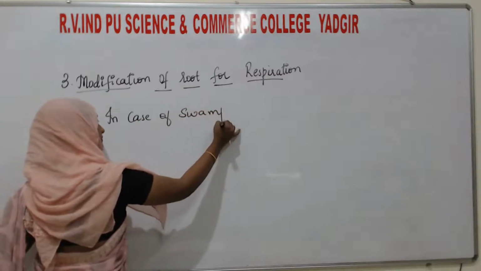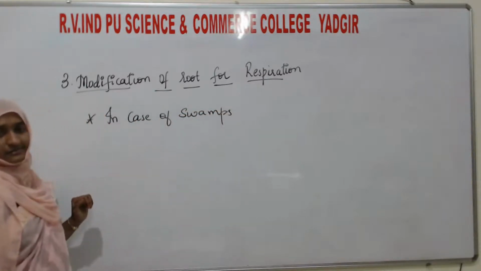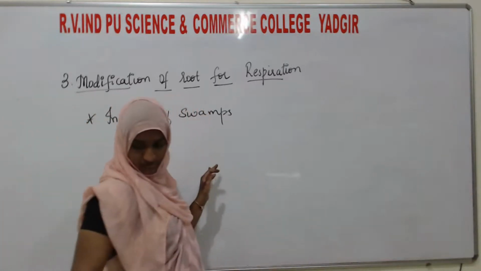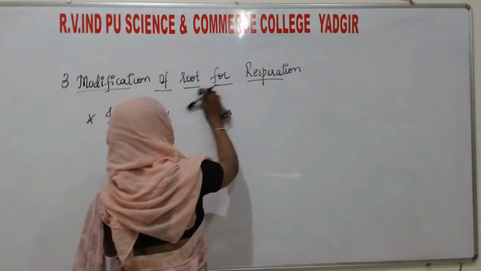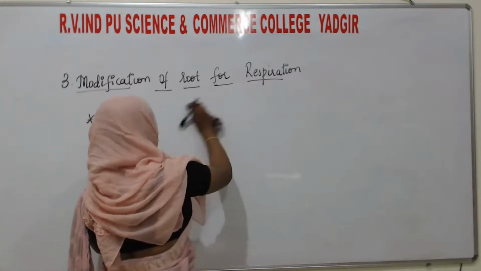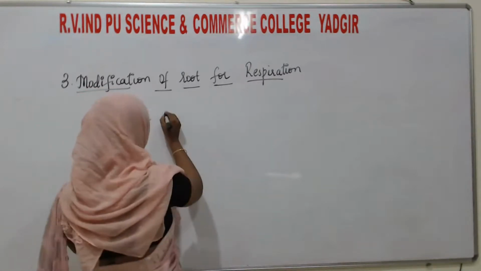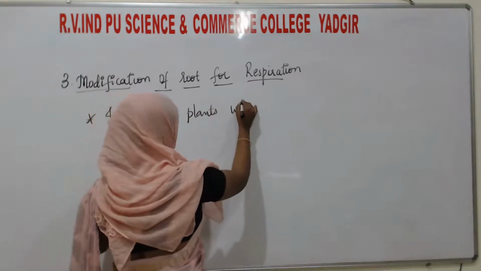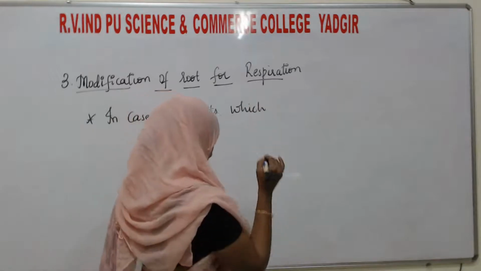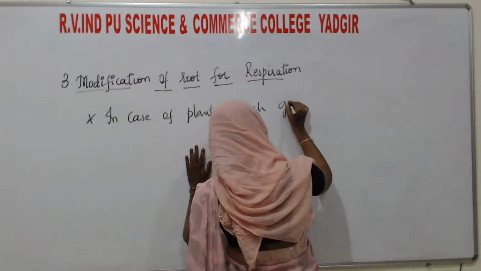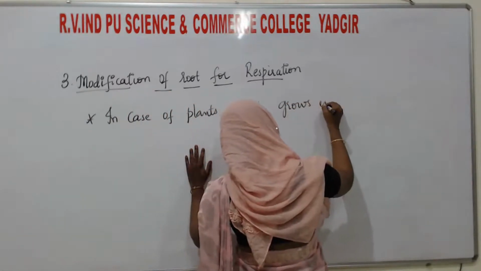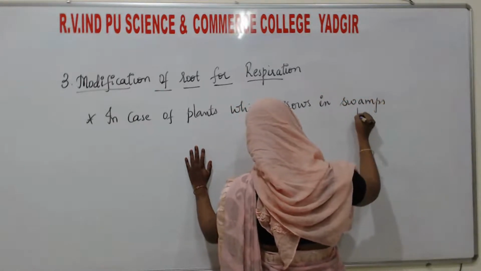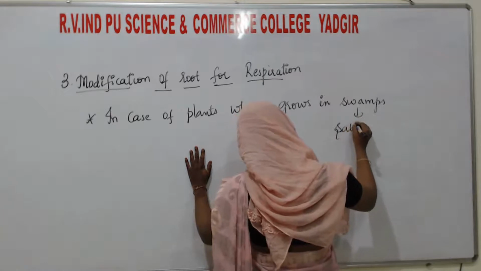Swamps means the plants which grow in the salty areas, or the plants which grow in the swamps. Swamps means the salty areas.